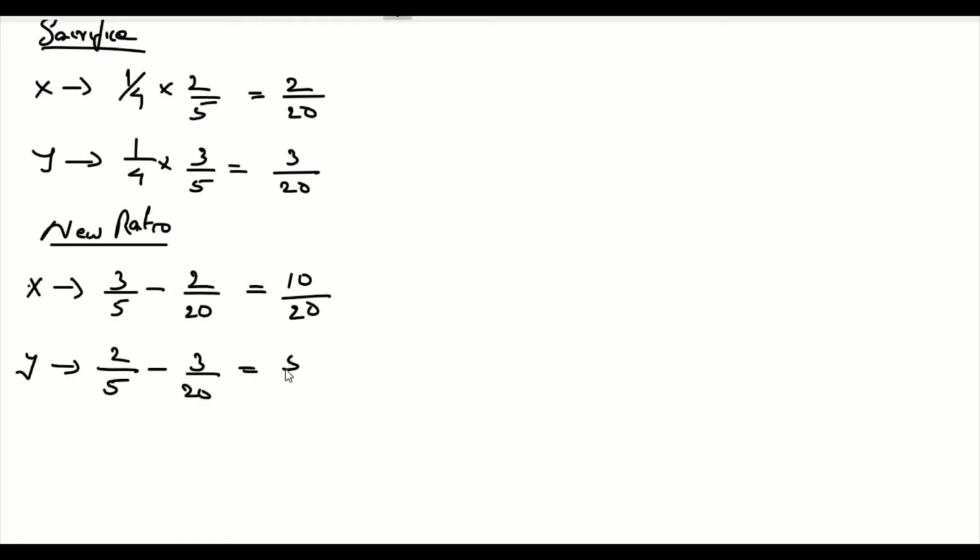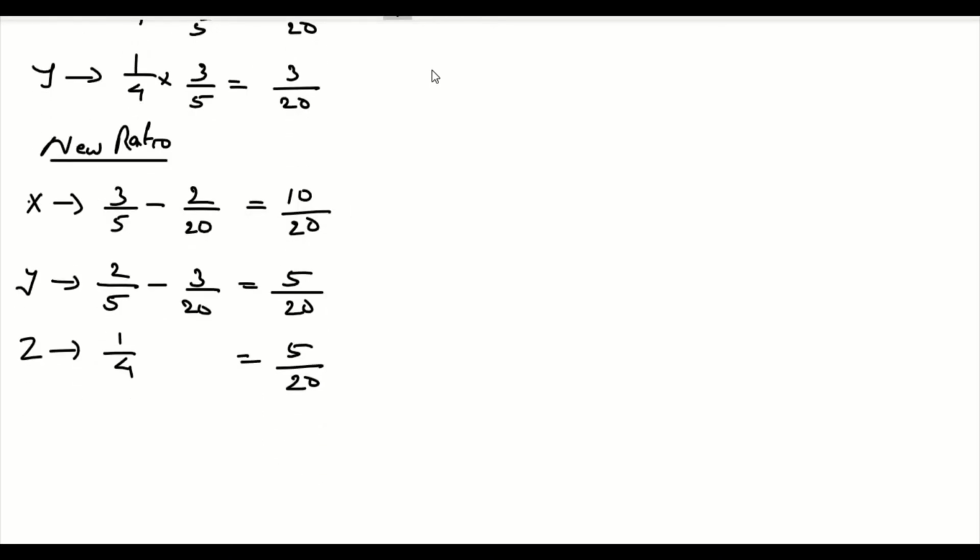That's equal to 5/20. Then we have Z. We know his share is 1/4. If we wanted to keep the same denominator, it's going to be 5/20. So in this case, the new profit sharing ratio between X, Y and Z is going to be 10:5:5. If we simplify it, it's going to be 2:1:1.